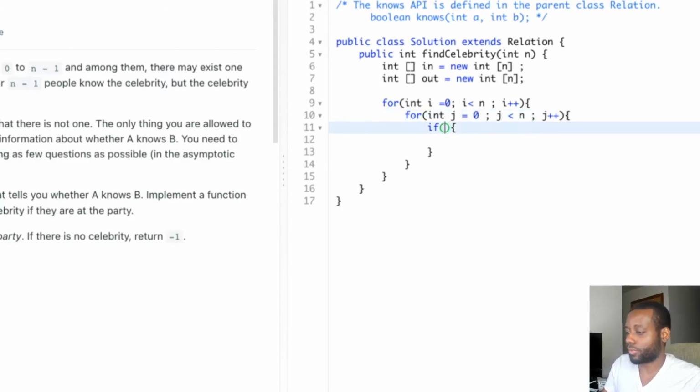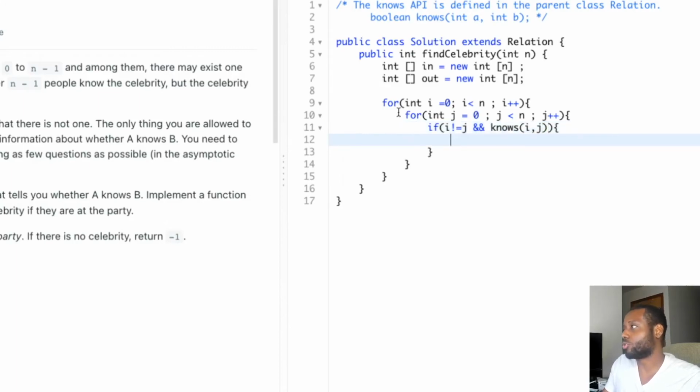And over here, if i does not equal j, because we don't want to compare ourselves, we call the knows function, passing i, passing j.